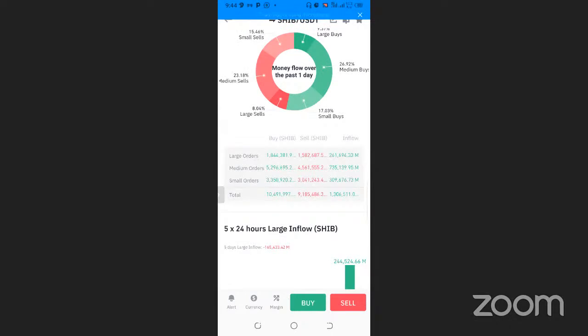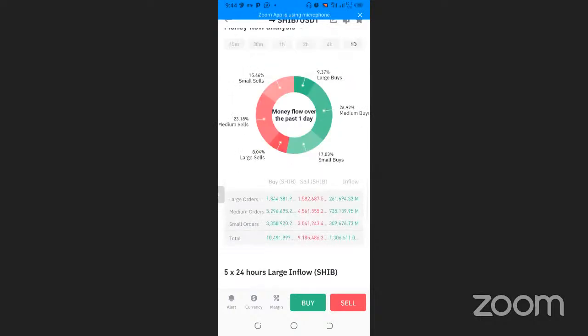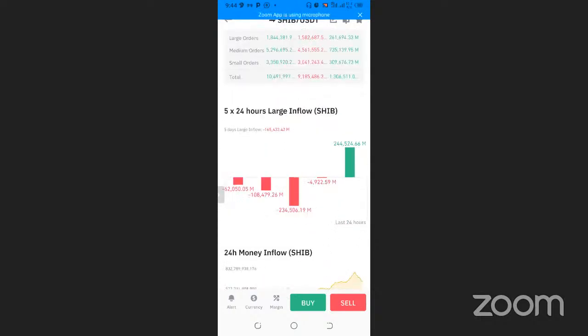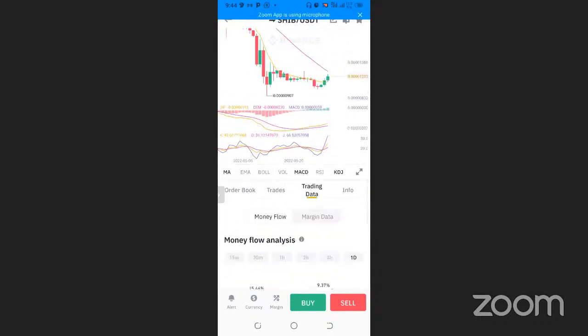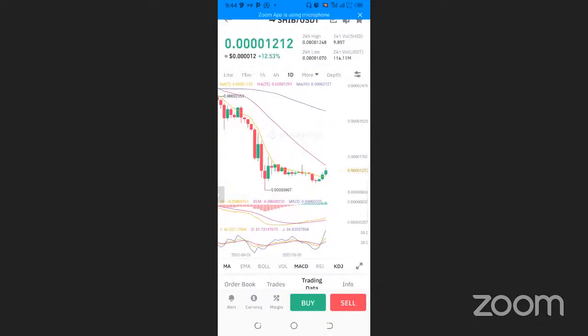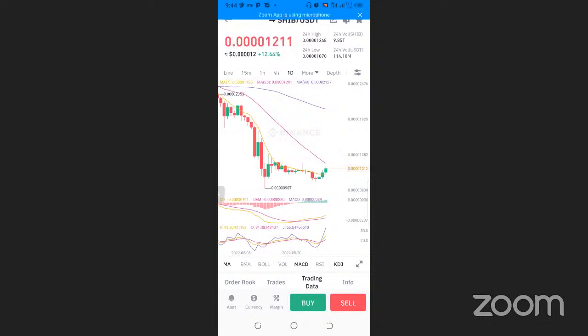Okay, we are having 8.8, and the signal is showing us that in 24 hours we are expecting that Shiba may go up again.